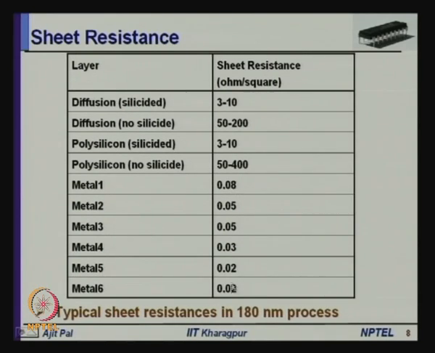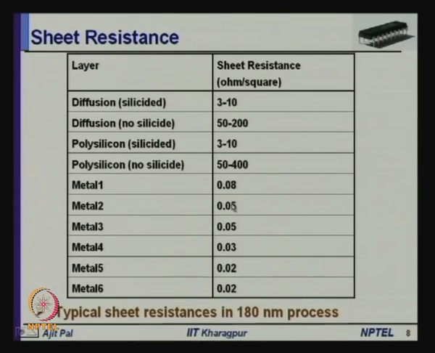However, different types of metal layers are used. In present day VLSI technology, a number of layers of metal are used, and as a consequence their thicknesses, the value of T, are different, and as a consequence we find their sheet resistance varies from 0.08 to 0.02 for metal 1, metal 2, metal 3, metal 4, metal 5 and metal 6.